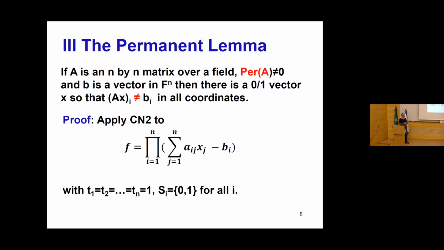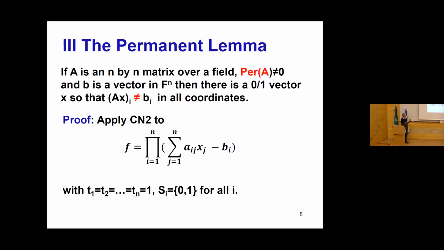So what we will do here is replace the determinant by the permanent, and equal by not equal, but I'll explain what I mean by not equal. And we'll also insist that we want a solution in 0, 1, with each xi being 0 or 1.